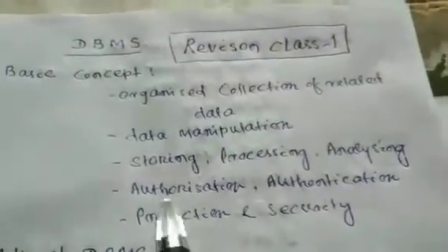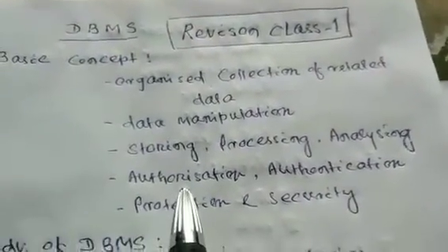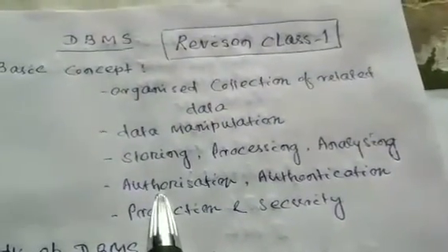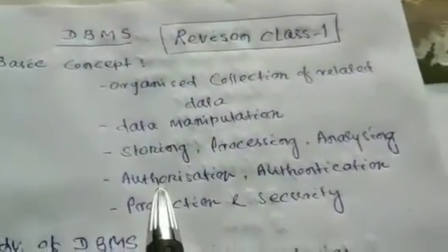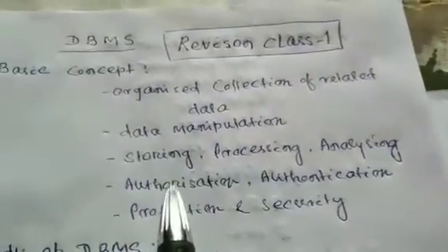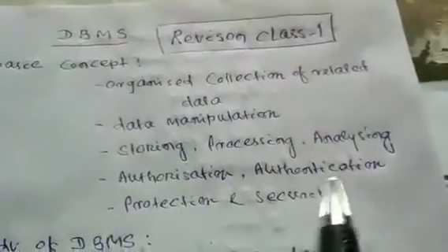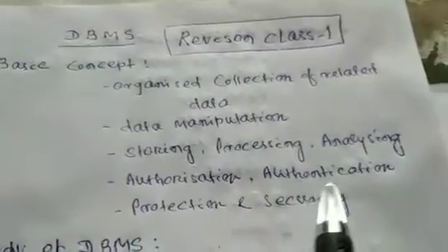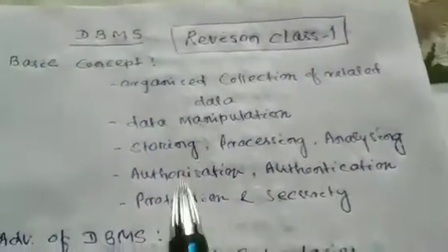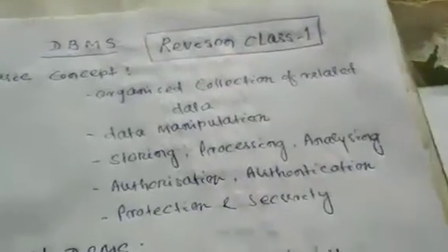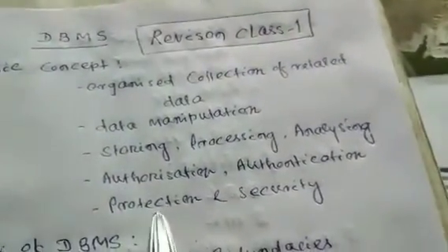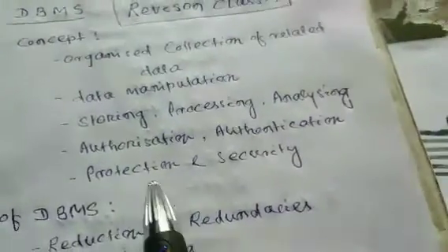Authorization means there are many users working, so each authorized user should get a username, and authentication is the password, so that the user will be recognized and only they can access data from the database system. Also some protection and security systems are there.